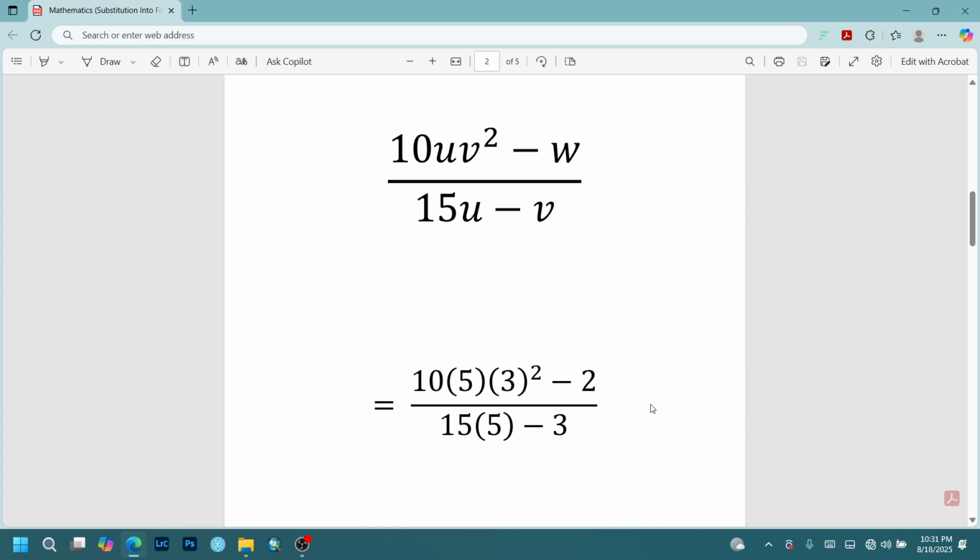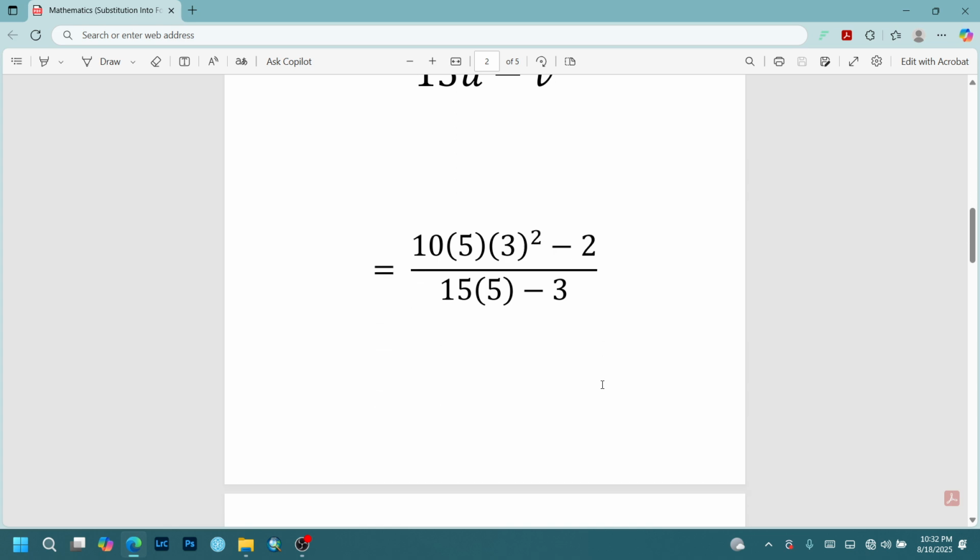Because we have to insert our values into the equation, and u is giving us 5, okay, and v is giving us 3, while w is giving us 2. So in inserting our values, we are going to have the fraction 10 multiplying 5 multiplying 3 square minus 2 over 15 multiplying 5 minus 3.